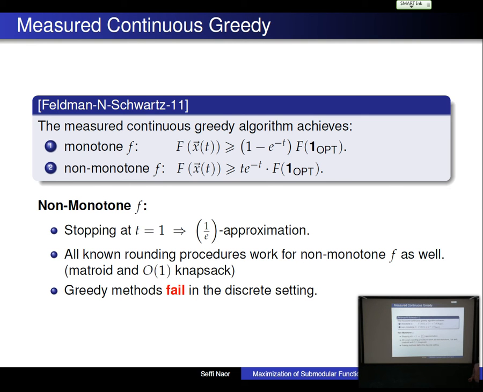And this means that if we stop at time t equals 1, then we get a 1 over e approximation. And as I told you, we get a fractional point, but the pipage technique works for both monotone and non-monotone functions, so we can round the fractional solution into an integral solution.